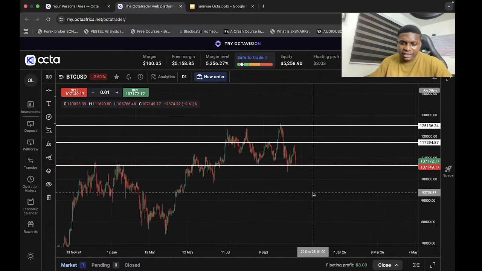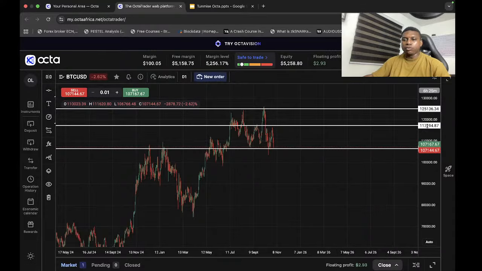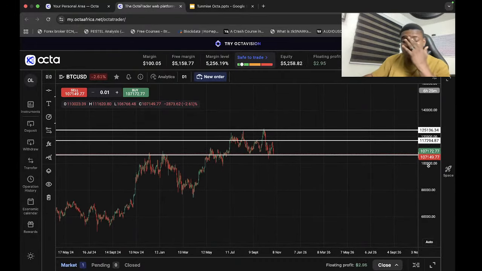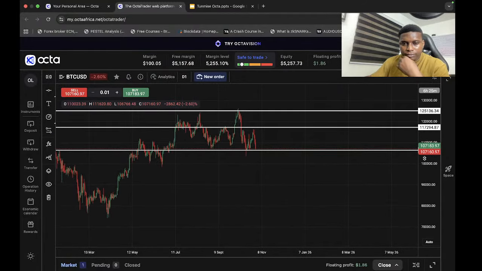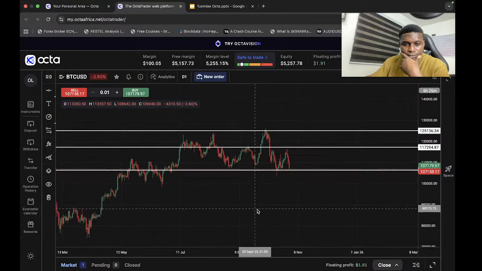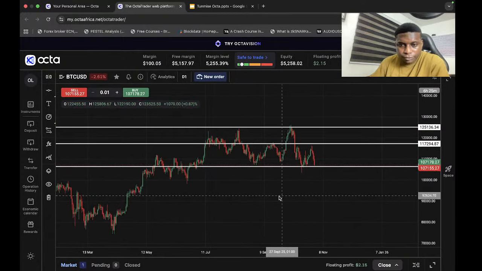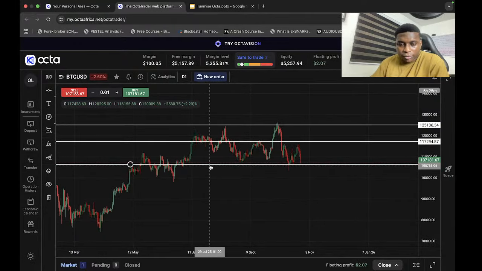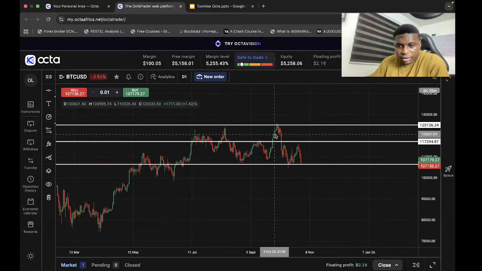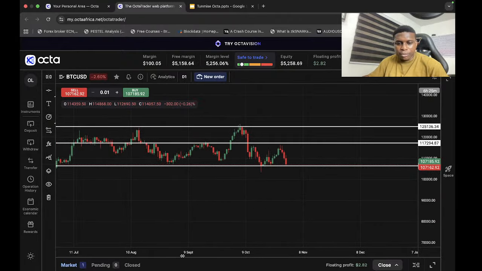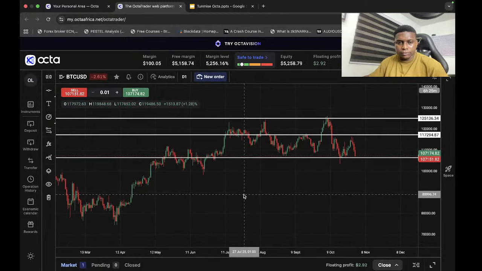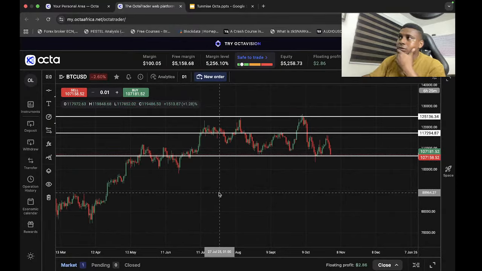Okay, so this is our daily time frame, and we can see how price is moving on the daily time frame. Now from here we can see that there is active bear momentum in the market.